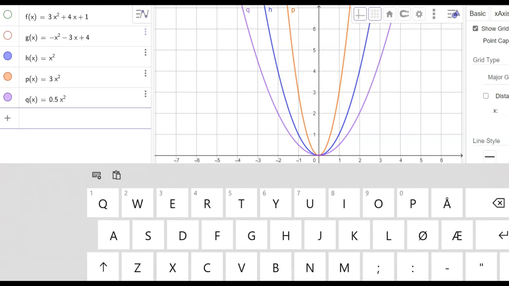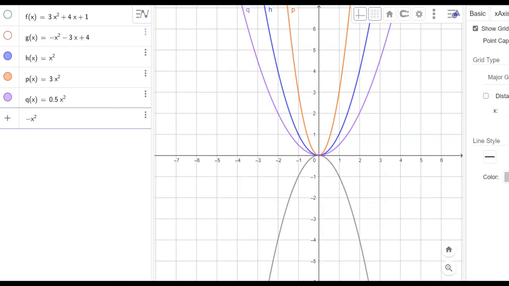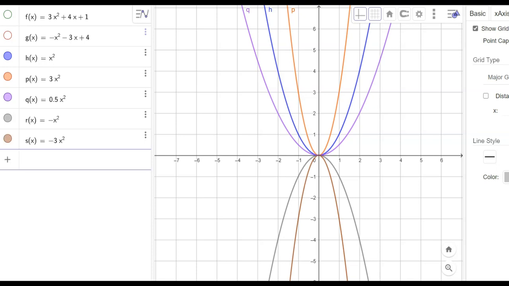Then we could also switch, for example, take minus x squared. Then we see that we get a curve down here instead. So this is just a mirror image of the blue one in the horizontal axis, since every point now is just minus. And for example, if we take minus 3x squared, we get this brown one here, and this is just the mirror image of the orange one.